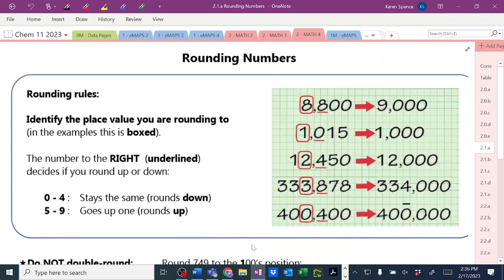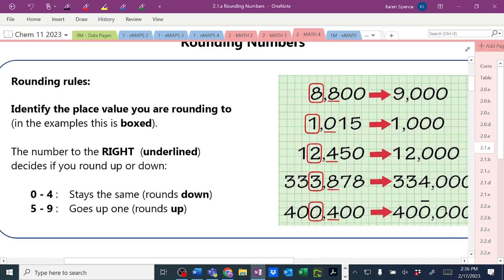Here we are. The rules are just like in elementary school. We look at the number we want to round to. I want to round to the thousands position. So that would be the one that's in the box, that 8 right there. And I look directly to the right, and I see a number, and it is an 8.